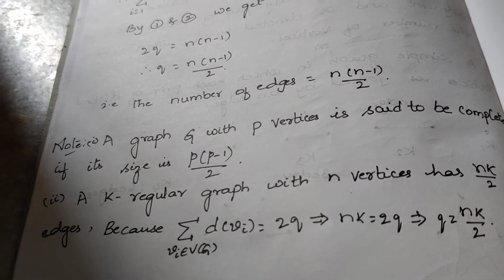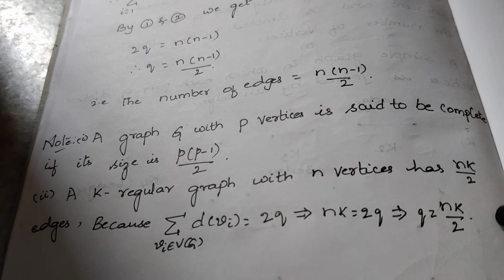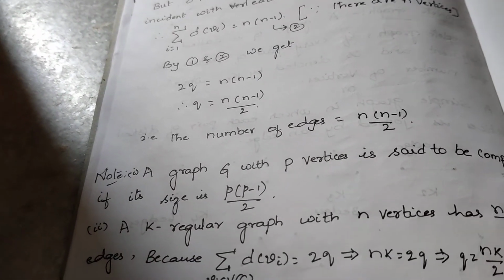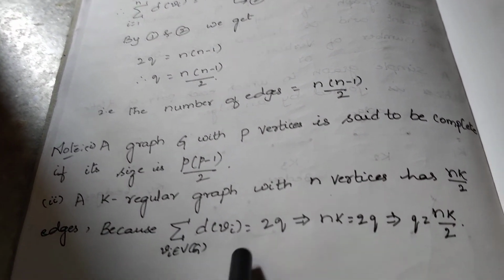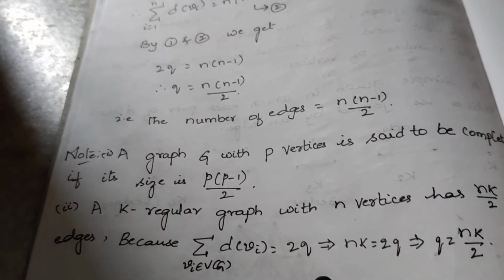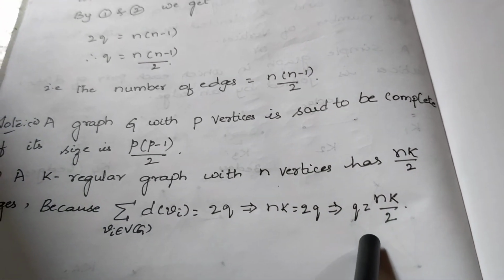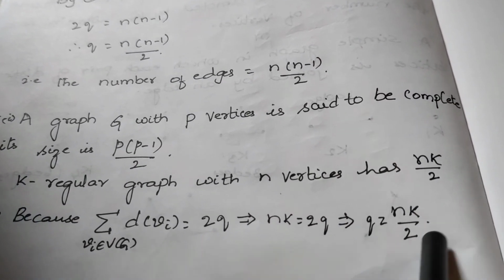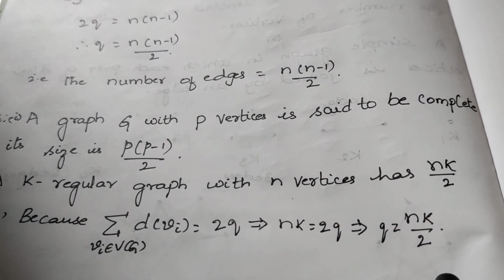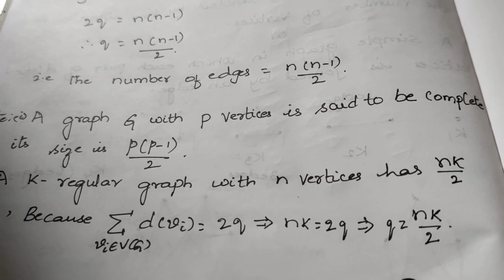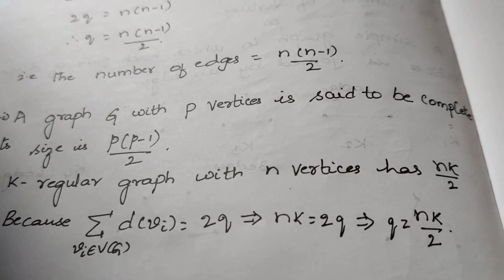Since it is k-regular, the degree of each vi is k. Therefore, the sum of degrees of vi must be equal to 2q, so nk is equal to 2q. So the number of edges in a k-regular graph will be nk/2. This is how we have the theorem on a complete graph.